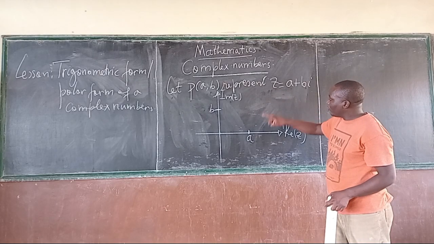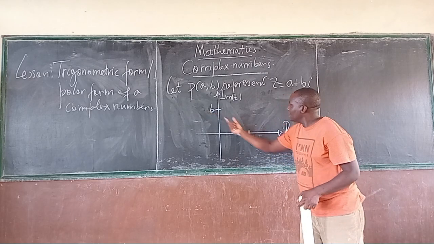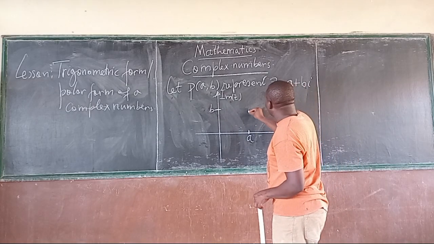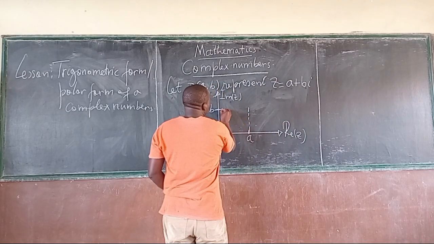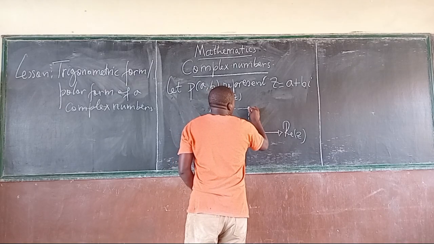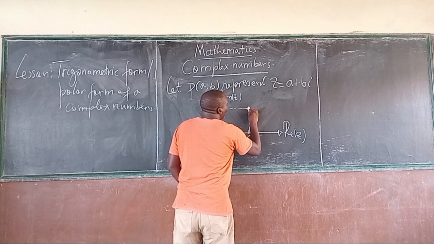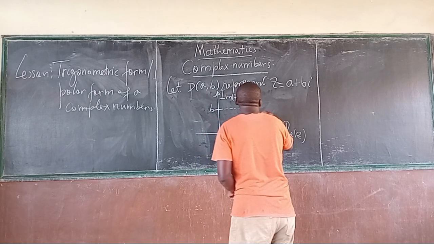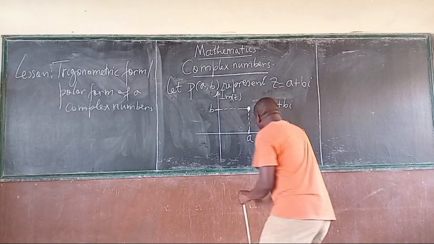I'm going to find where this part a and this part b meet on our Argand diagram. Look, teachers, at how to find the meeting point. The two given parts, the real part and the imaginary part, meet at this point. Then this point becomes our given complex number z equal to a positive bi.